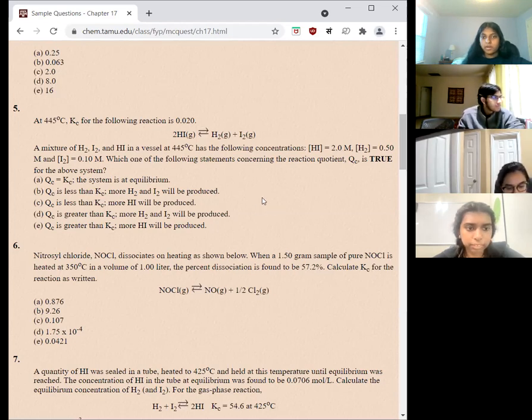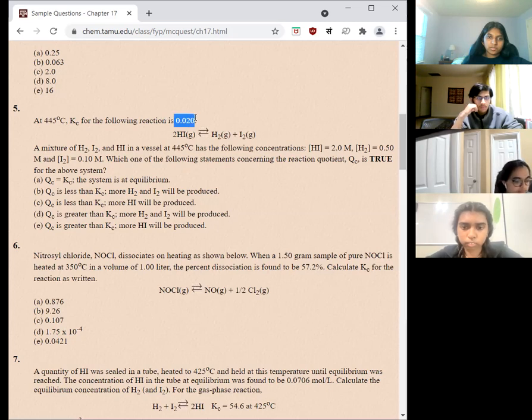Okay, so I got 0.0125 for the constant. Did you guys get that too? Yeah, 0.0125. Okay, so that is not equal to 0.020.